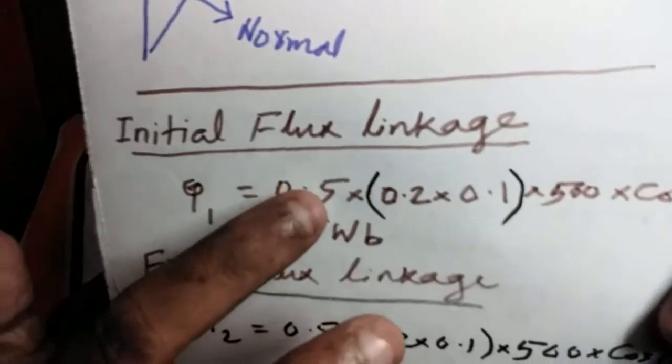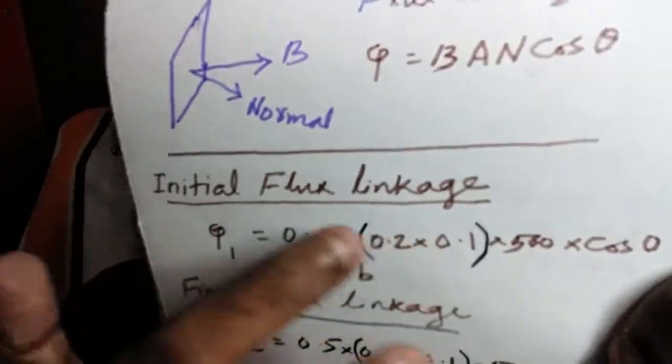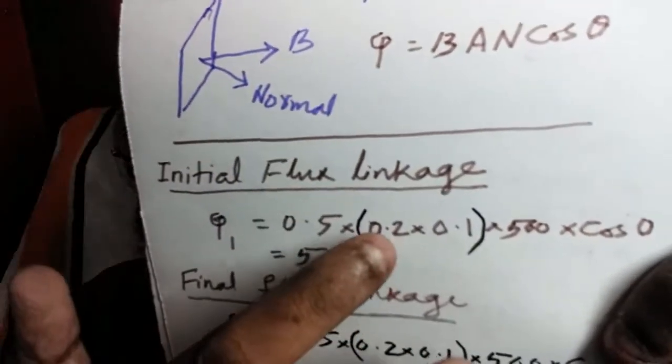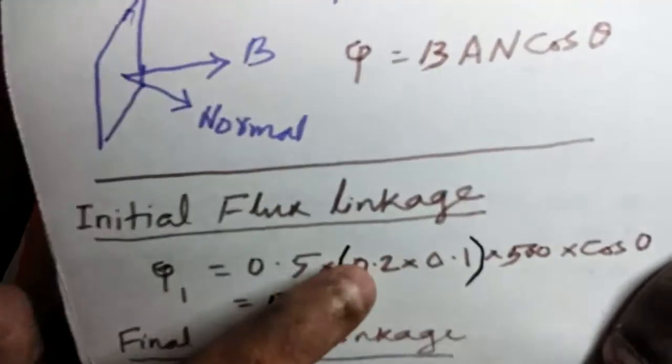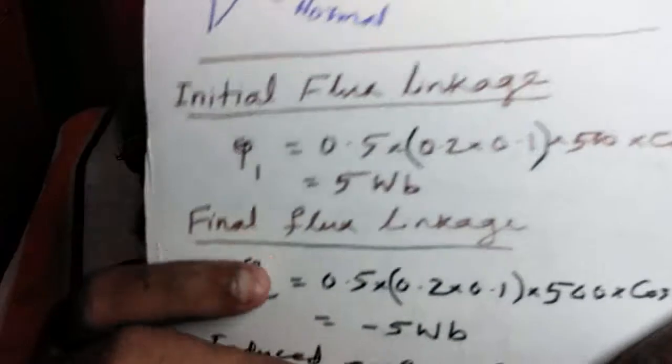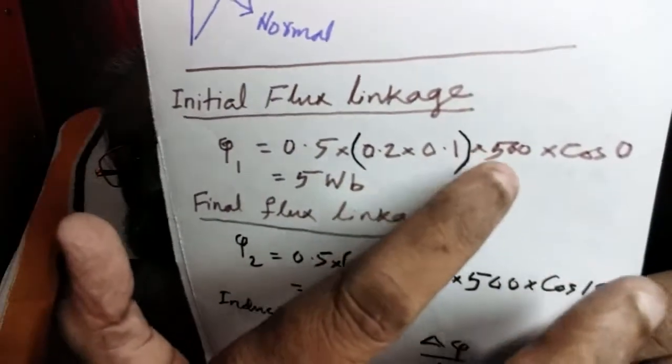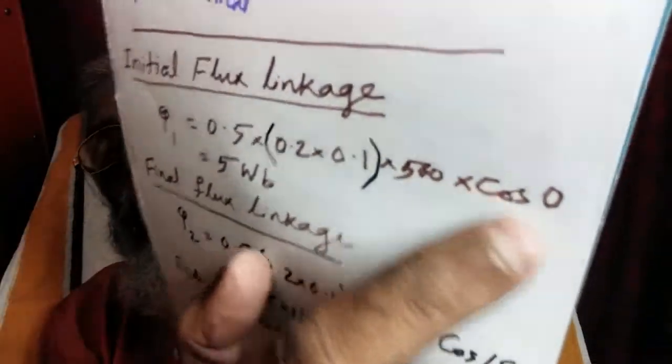B is 0.5 Tesla. A is the area of the coil, length into breadth. 20 centimeter, you convert it into meter, then you get 0.2 meter and 0.1 meter. So area is 0.2 into 0.1, into N, number of turns, that is 500, into cos theta.